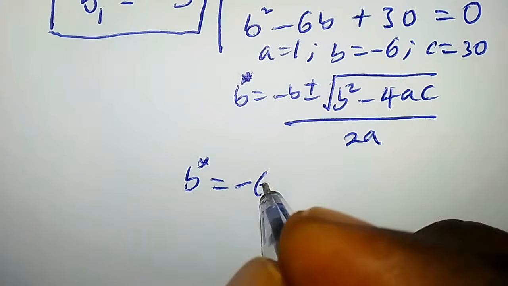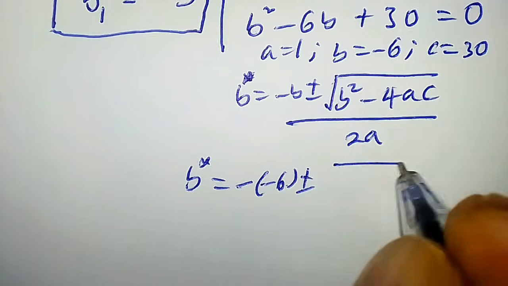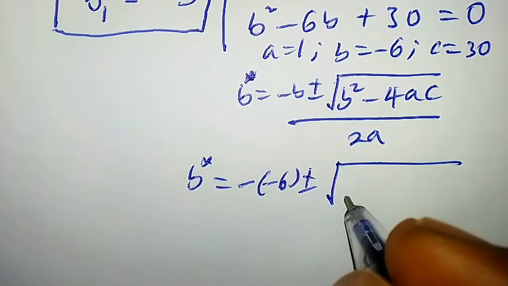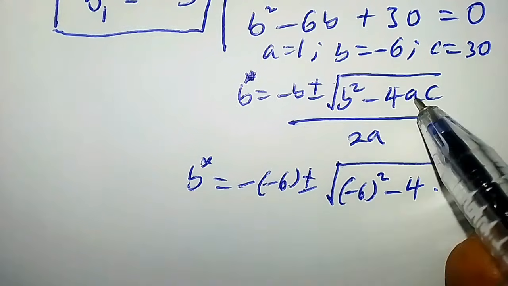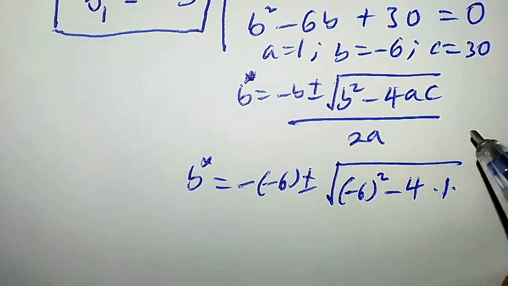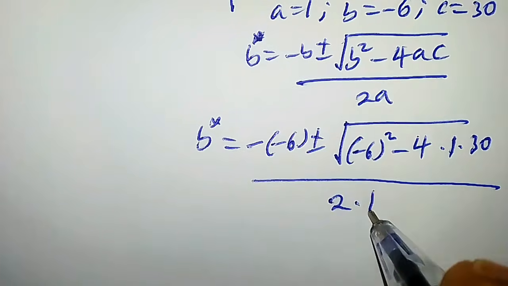Let's proceed further. b star is equal to minus, what is b? b is minus 6, plus or minus square root of b squared, that will be minus 6 all squared, minus 4 times a is 1 times c is 30, divided by 2 times 1.